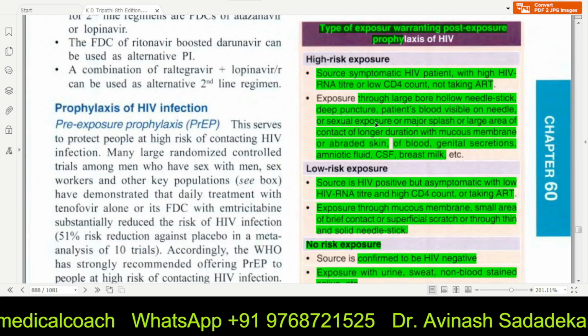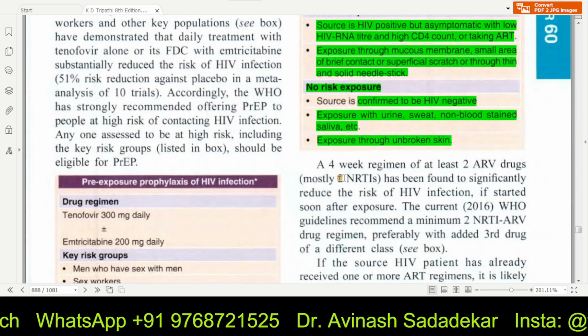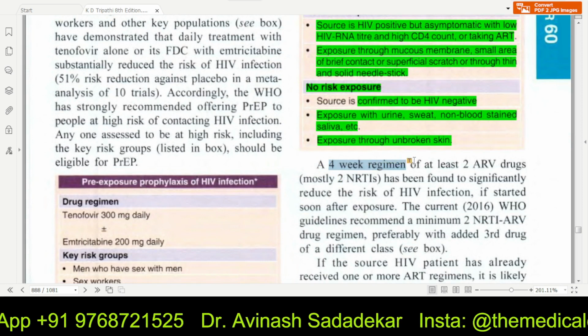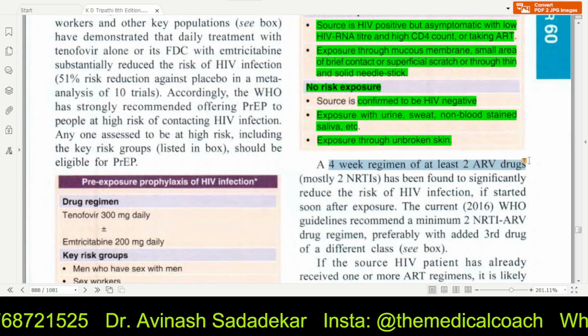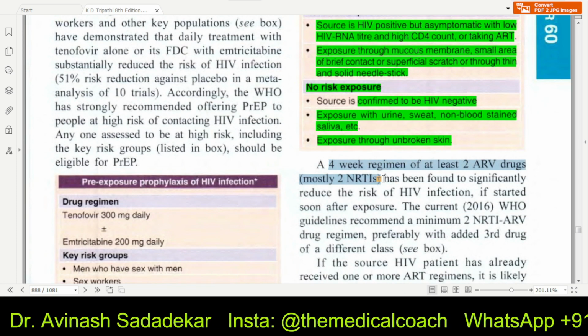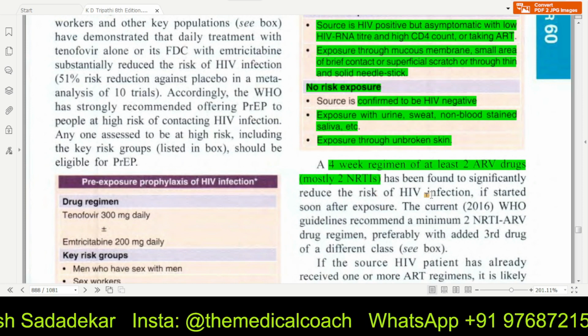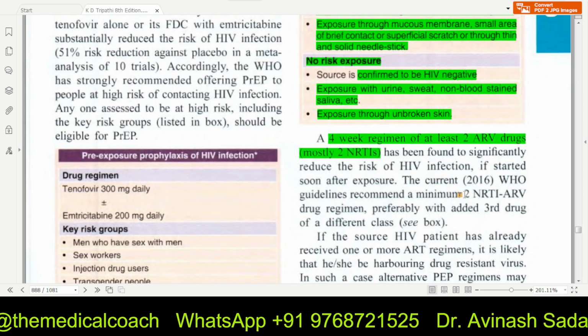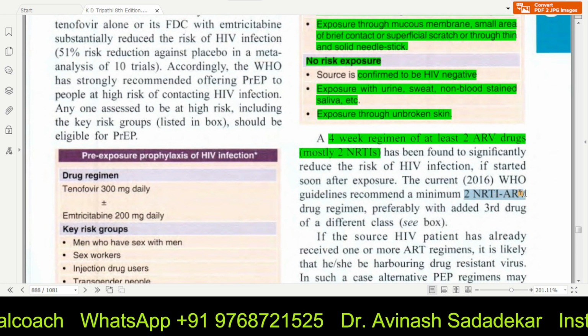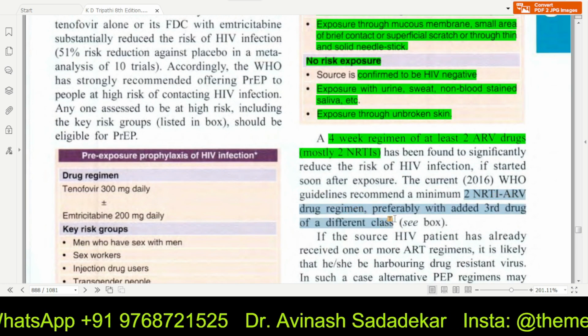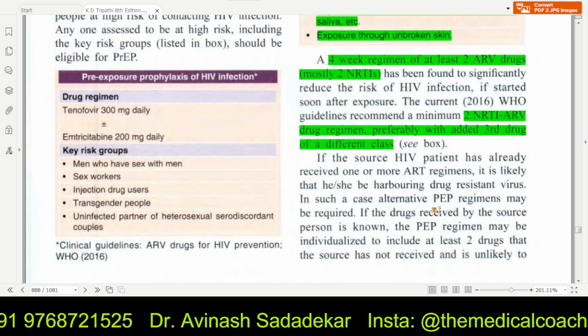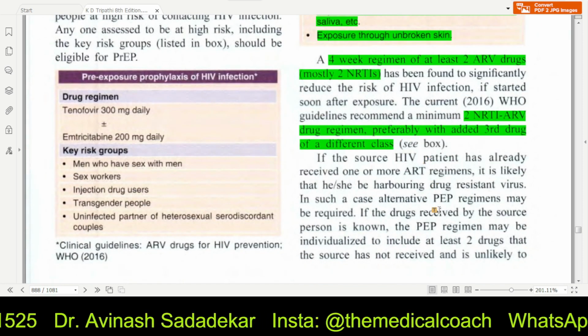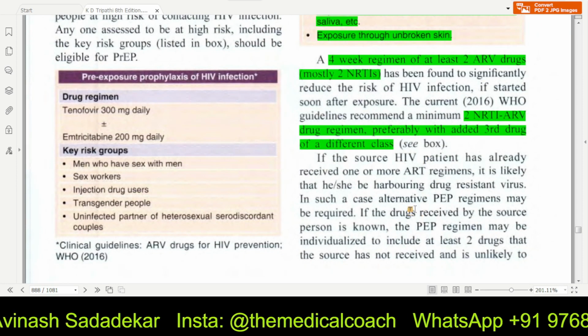So in case there is a high risk or a low risk, you don't take a risk. You start a 4-week regime of at least 2 antiretroviral drugs. You will give 2 NRTIs. Okay, start it as early as possible. So the current WHO guideline says a minimum 2 NRTI antiretroviral drug regime, and if you can add the third one, that would be great. You can add a newer category also.